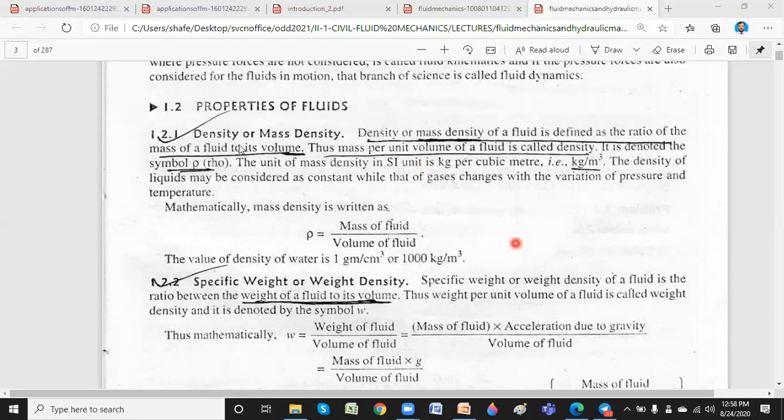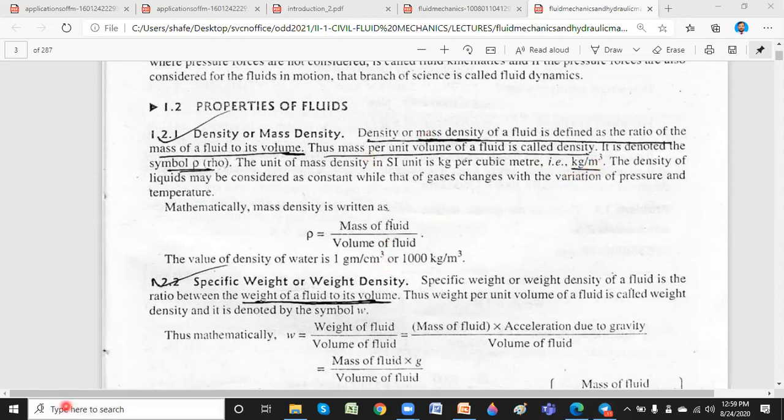So the first one is density, which is the ratio of the mass of a fluid to the volume of the fluid. It is denoted by rho, and what are the units? Mass is in kg and volume is in meter cubed, so density is in kg per meter cube. Remember the unit for density, kg per meter cube.